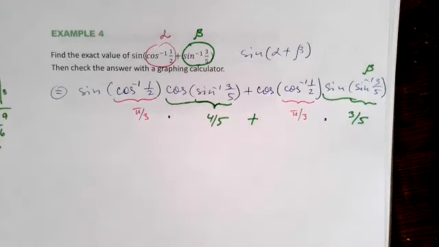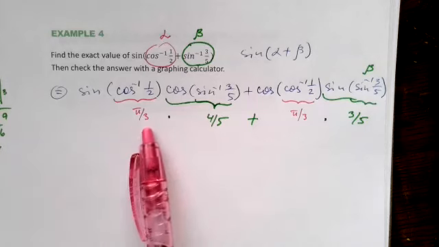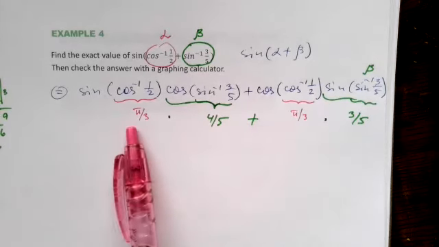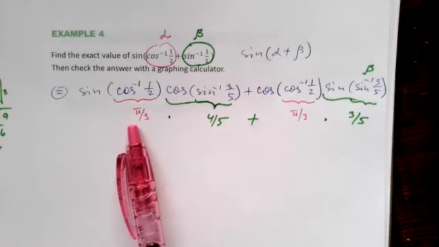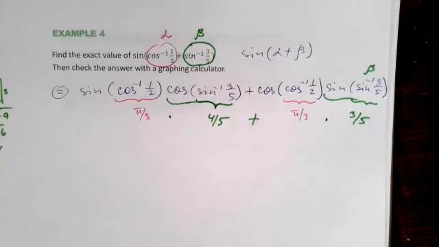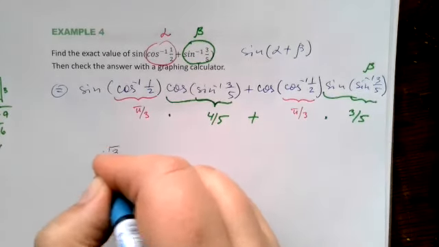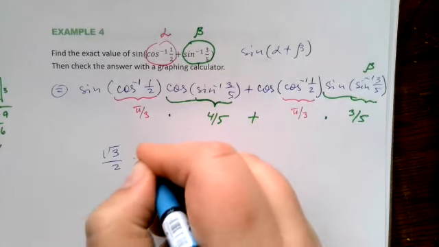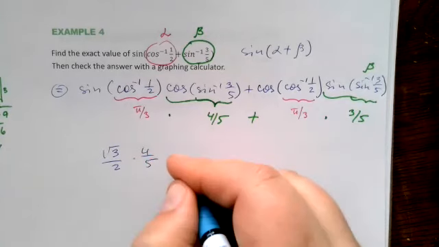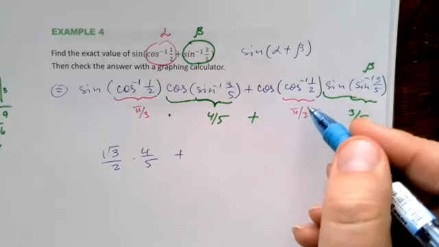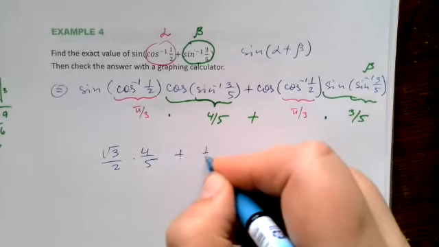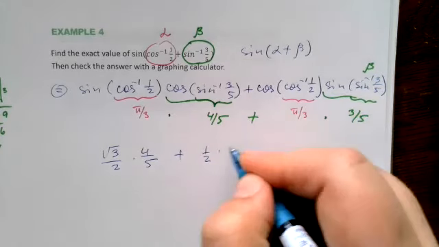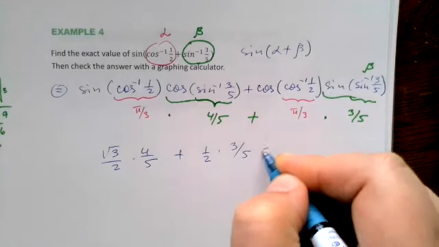The sine of pi over 3, of course, is square root of 3 over 2, times 4/5, plus the cosine of pi over 3, which is 1/2, multiplied by 3/5.